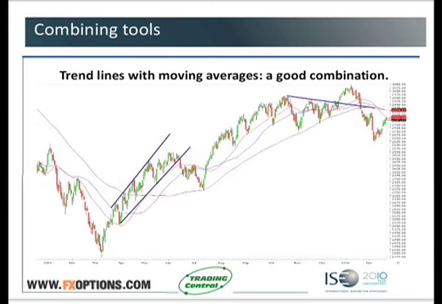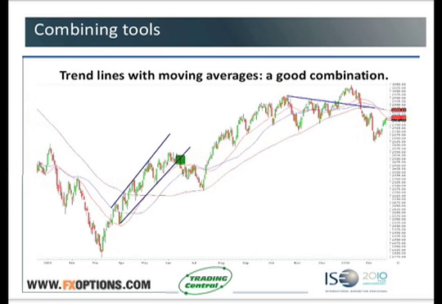So you have a clear bullish channel, but we have a downside breakout during June 2009. For me, it's not sufficient to take a short position just at the downside breakout.